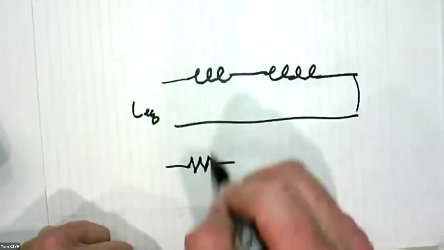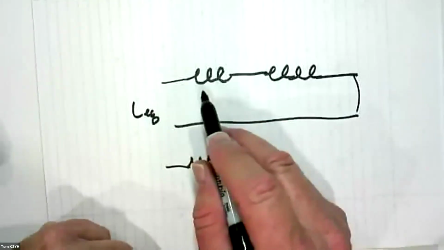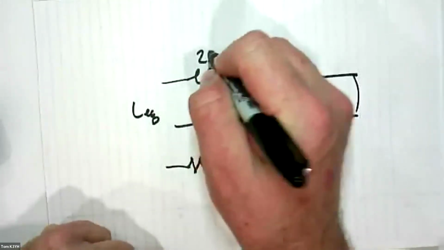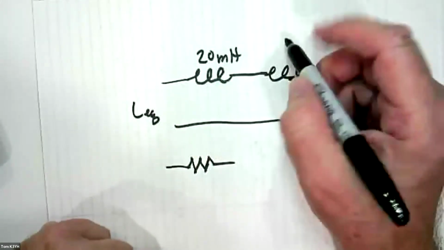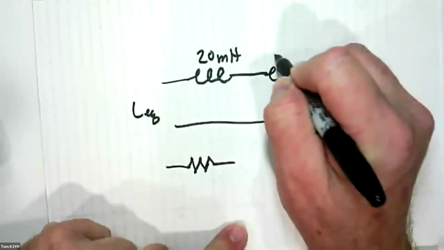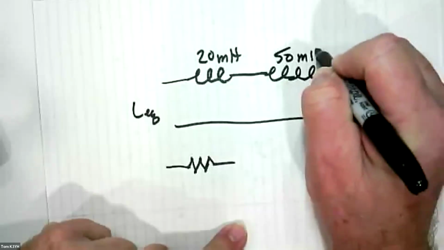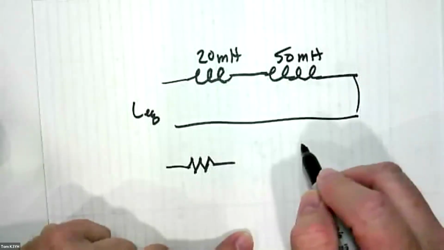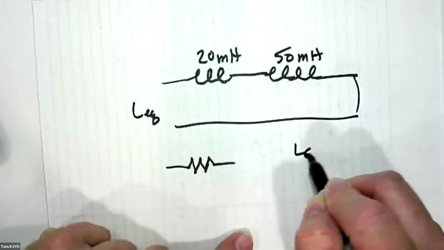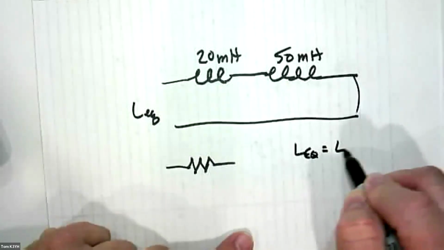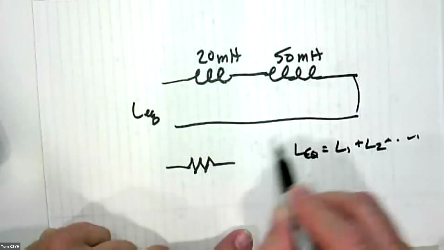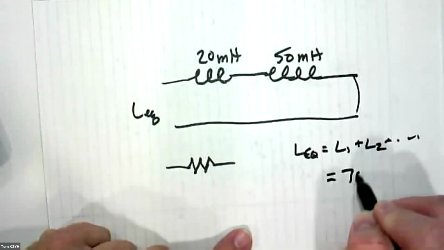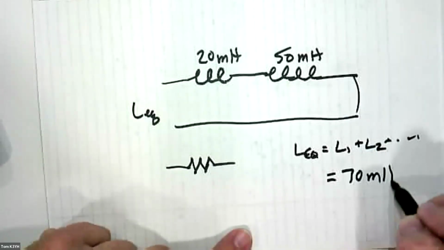So the inductors are the same as resistors. So I've got 20 millihenry, and I've got 50 millihenries, and with series, L equivalent is equal to L1 plus L2 plus and so on. So it equals 70 millihenries.